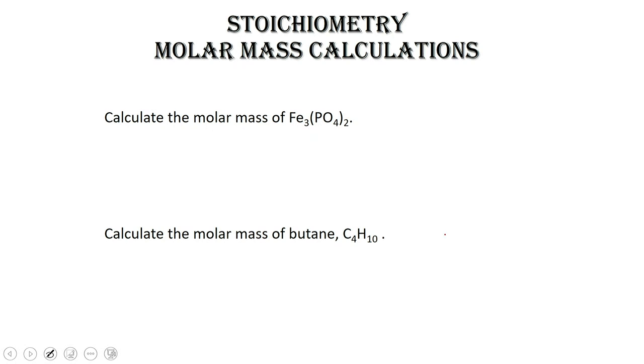All right, so for iron phosphate, for iron, we have 3 atoms of iron in this formula, and each has a mass of 55.85, and on the periodic table, it's AMU.